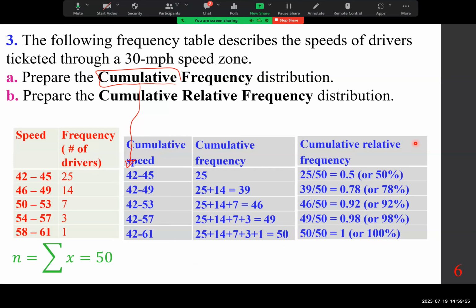For the cumulative relative frequency, we follow the formula f over n, and the last one must be 1 or 100%, because they may ask you for cumulative relative frequency or percent frequency. In essence, it's the same thing. Percent frequency means the same thing here. All right.